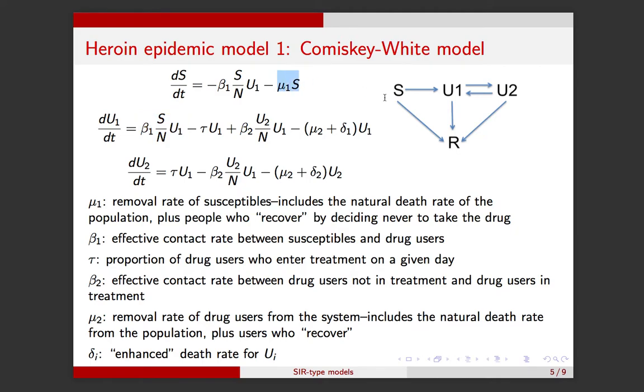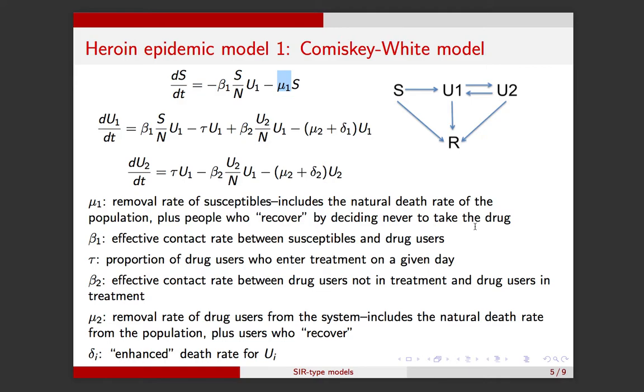This term here, this is flow from S to R. So mu1 here in their model is defined as the removal rate of susceptibles from the system to become recovered. So that mu1 parameter includes like a natural death rate of the population. If you are susceptible, you can still die of cancer or something, right? Plus the people who recover by deciding not to take the drug.